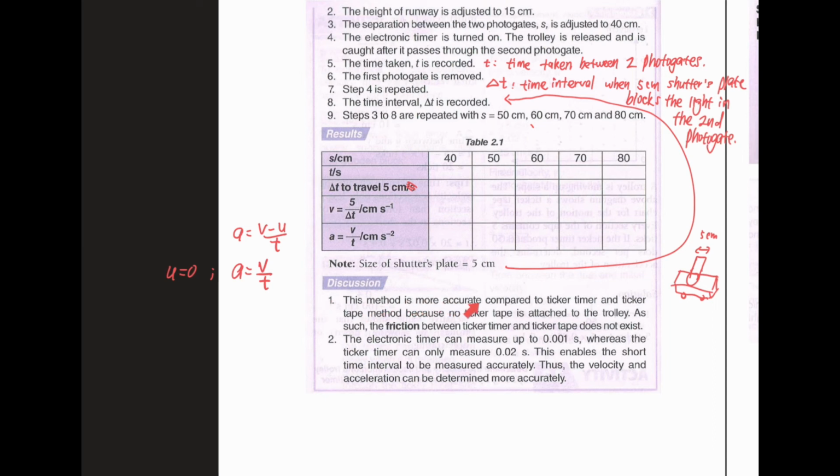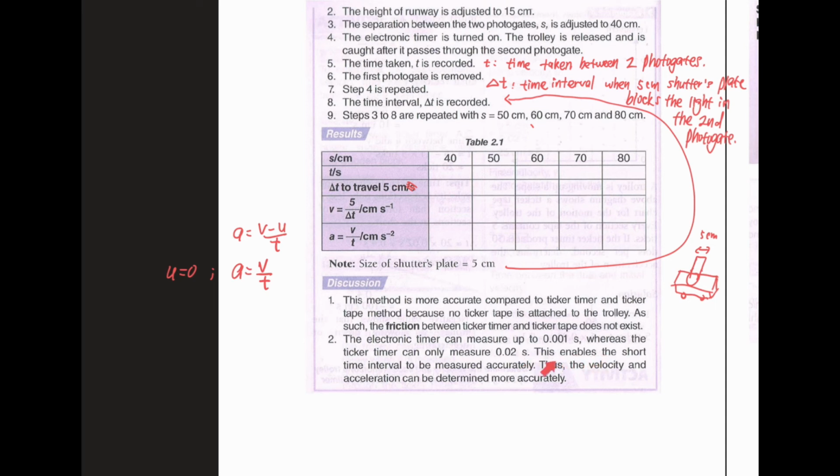Discussion. This method is more accurate compared to the ticker timer and ticker tape method because no ticker tape is attached to the trolley. As such, the friction between the ticker timer and ticker tape does not exist. The electronic timer can measure up to 0.001 second, whereas the ticker timer can only measure 0.02 second.